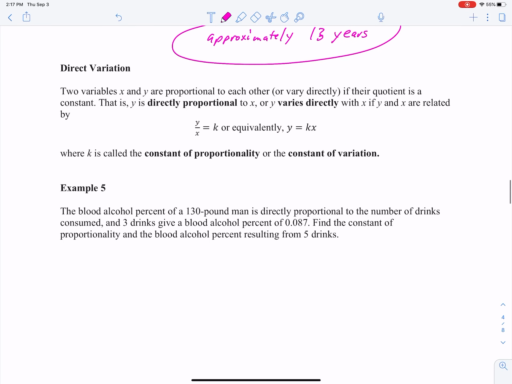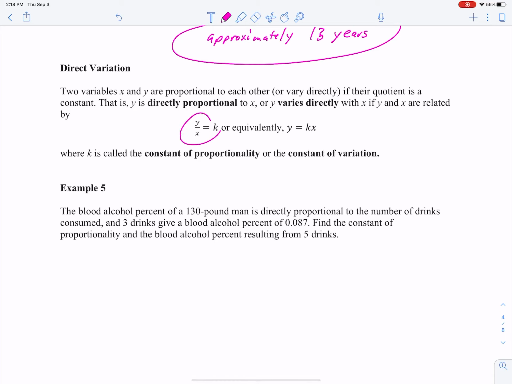All right. Next is direct variation. So two variables, x and y, are proportional to each other or vary directly, same thing, if their quotient is a constant. That is, y is directly proportional to x, or y varies directly with x if x and y are related like this.